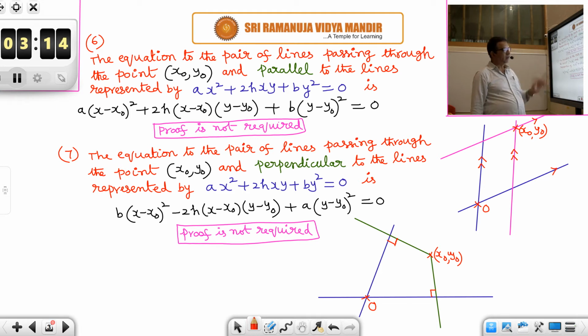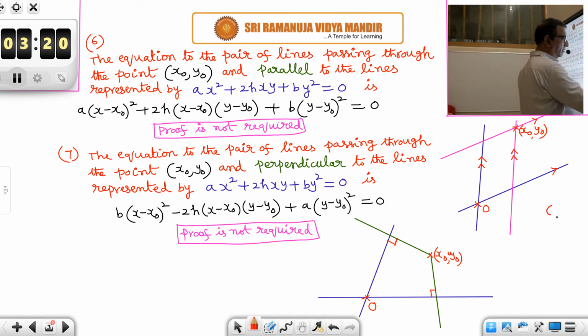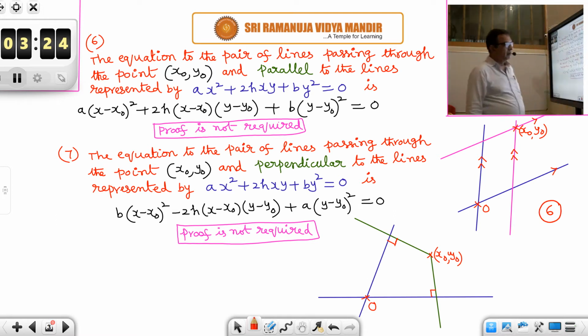This is the diagram for the sixth formula.